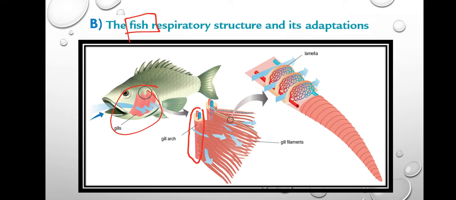Gill arc is like a structure, like a pillar, that holds all these gill filaments. On top of the filaments, there are little pieces or little fins called lamella, smaller fins.